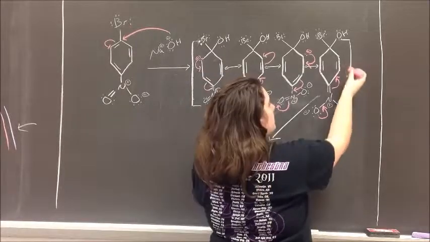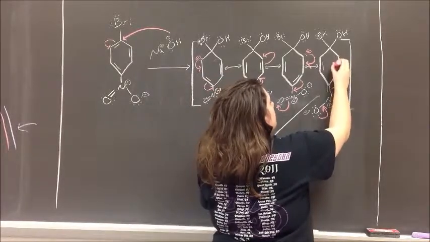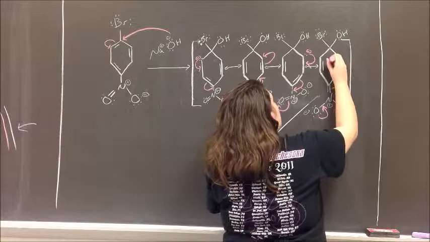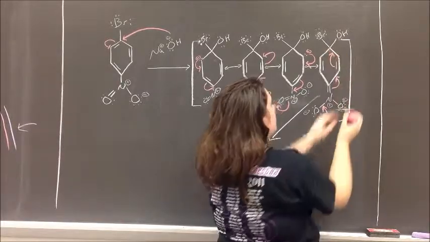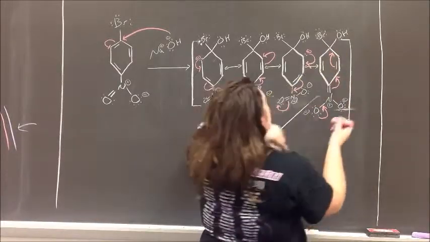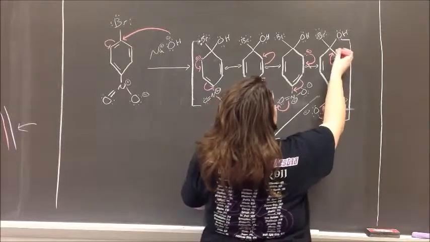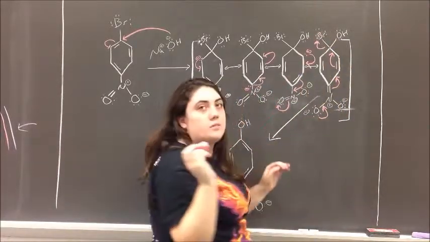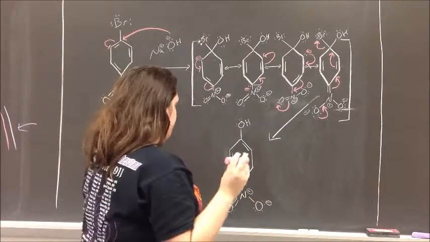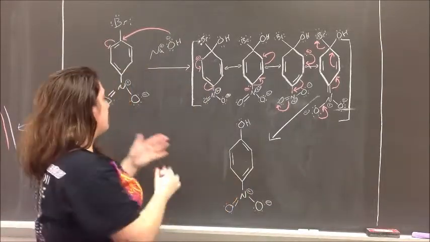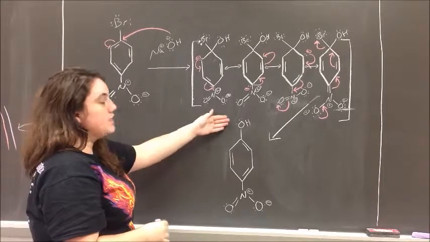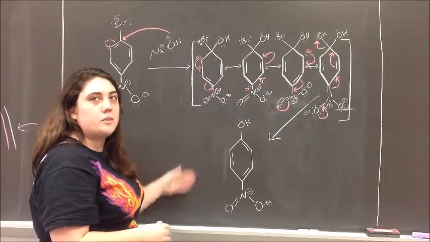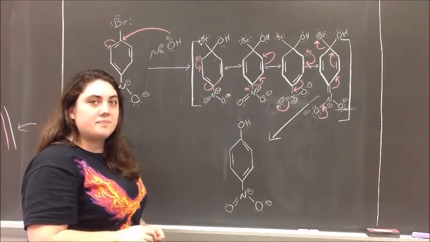Once that happens, the pi bond here is going to break and form right up here to form another pi bond. And finally, this bromine is going to act as a leaving group and pop right off the structure. So that's basically the whole mechanism, and this is the NAS product from this mechanism.